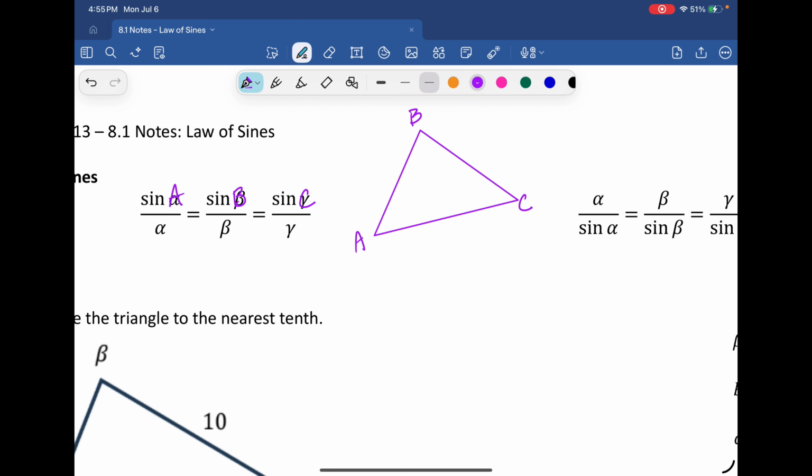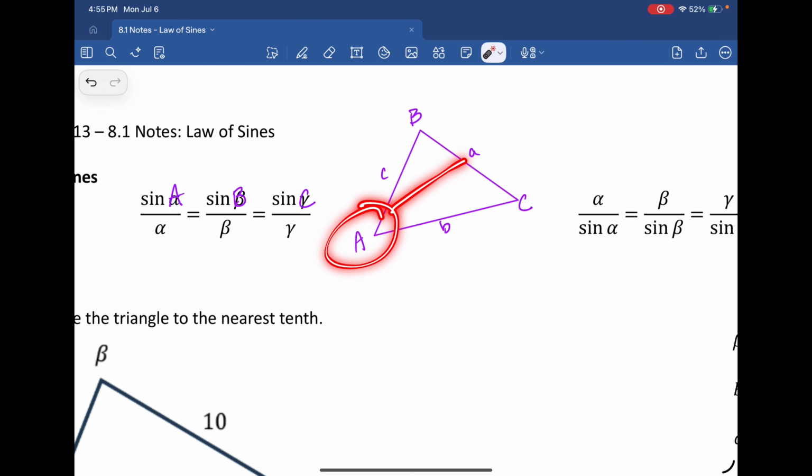The side across from angle A is little a, from angle B is little b, from angle C is little c. What it's saying is if I take the sine of this angle over A, it's going to equal the sine of this angle over B, which will equal the sine of this angle over C.